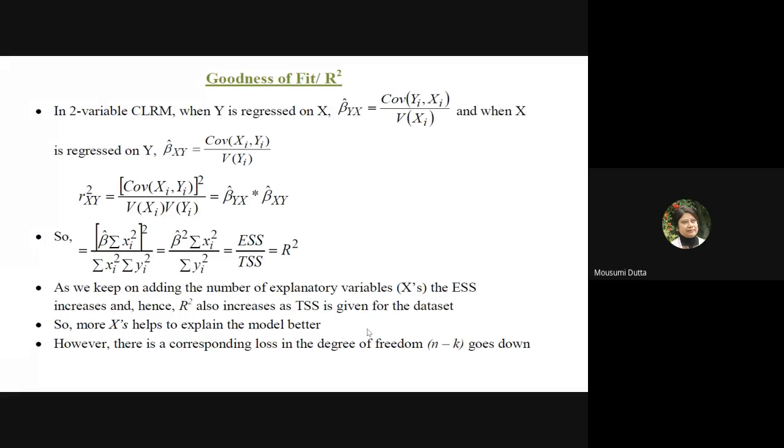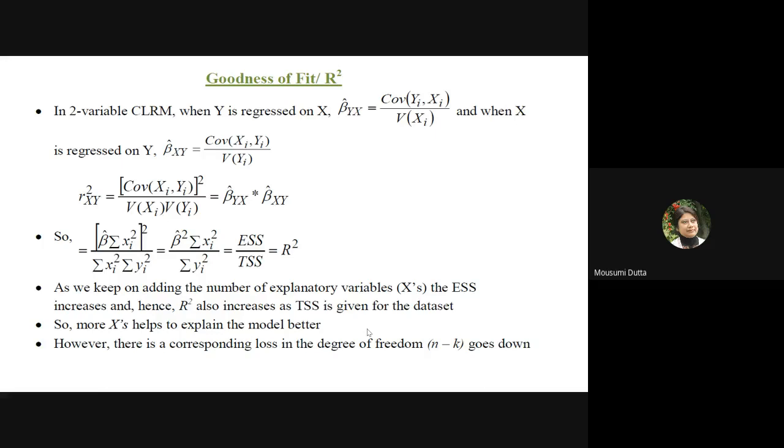You will find that as you increase the number of explanatory variables, the number of parameters to be estimated will also increase. And that in turn will reduce your degrees of freedom given by n minus k. And as degrees of freedom falls, the acceptability of the regression model will be questioned. So all these issues are there.